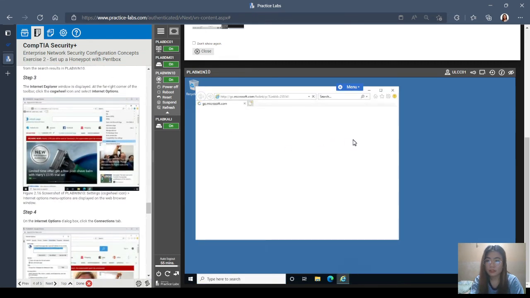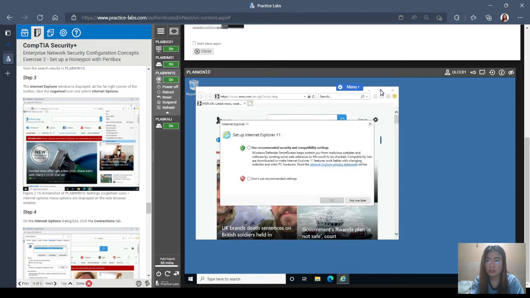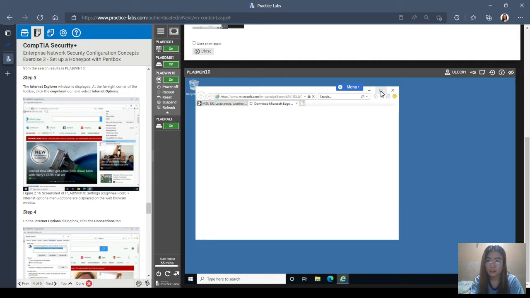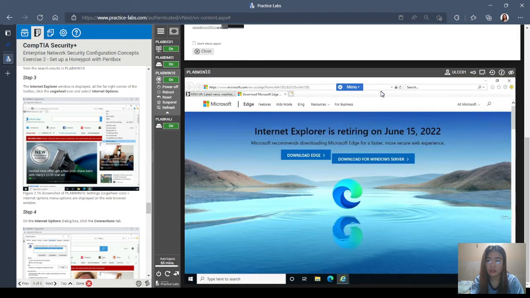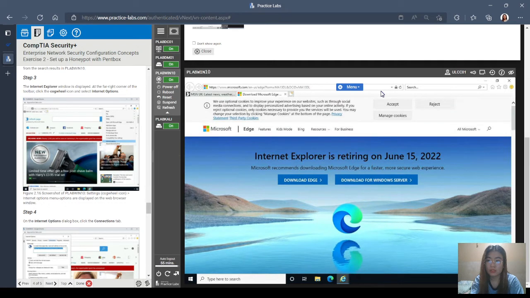The Internet Explorer window is displayed at the far right corner of the toolbar.